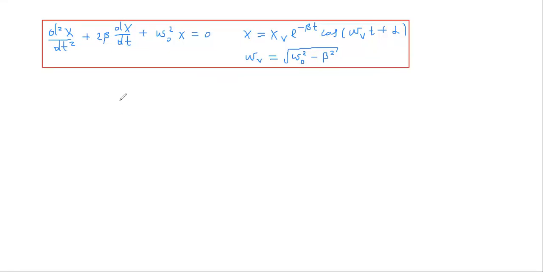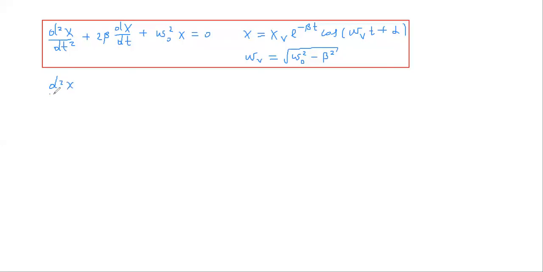And on our previous lecture also was obtained the differential equation of forced oscillations. For example, for a simple oscillator, it can be written in this way.